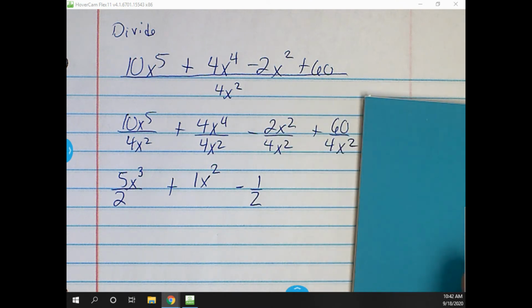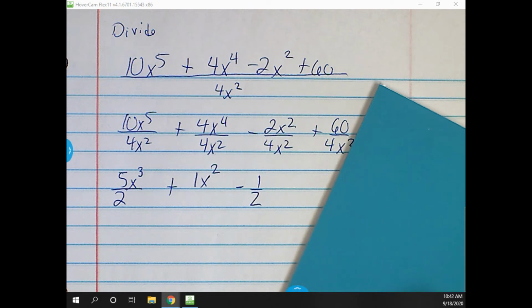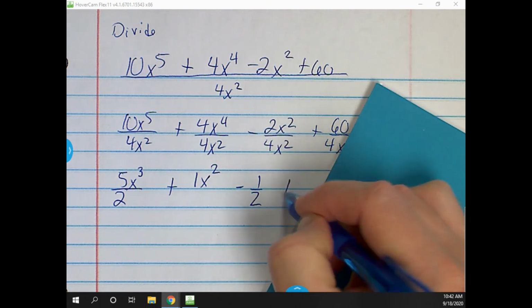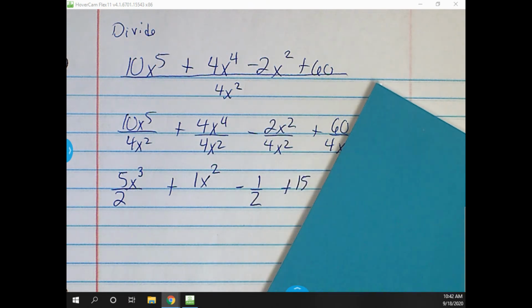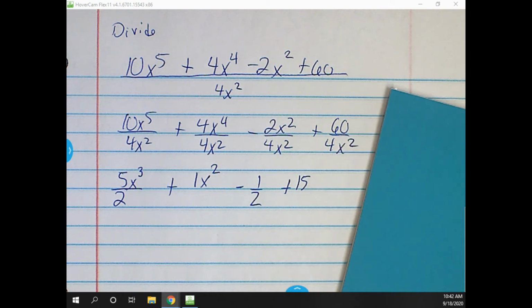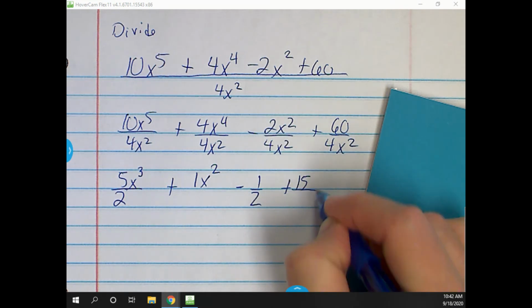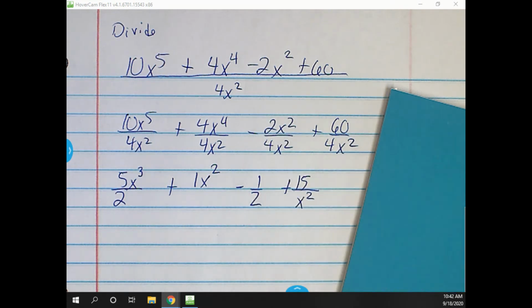And for the last one, it's 60 over 4. If you check that one you can just do division. 60 divided by 4 is 15. There's not any x's on the top. There's just the x's on the bottom. So if there's no other x's to do, then that one just stays right where it is.